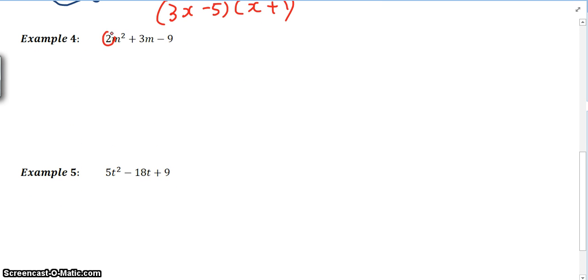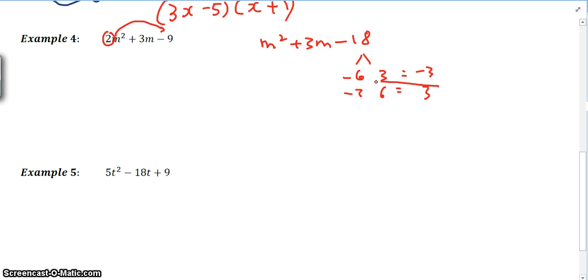Again, times the 2 by the 9, so that becomes m squared plus 3m minus 18. Now we find the pair factors of minus 18, so that's minus 6 and 3, minus 3 and 6. So what does this become? This becomes minus 3, this becomes 3, so the factors that we want are these ones right here.